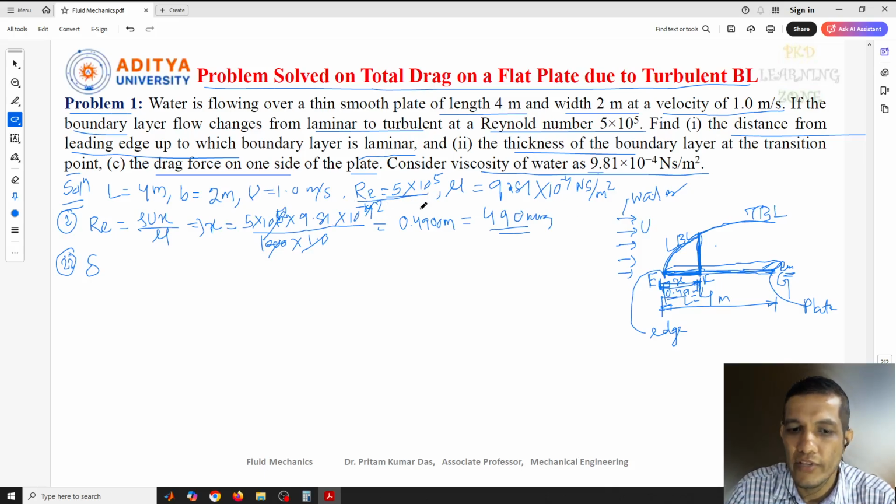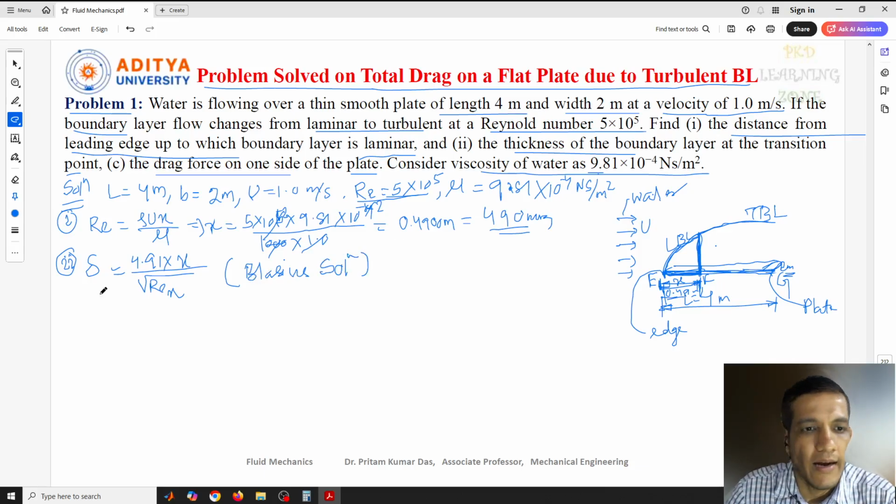For this, we need to consider the delta equation from the Blasius formula. That is nothing but 4.91 into x divided by root over Re x. This formula was given by Blasius, the Blasius solution.